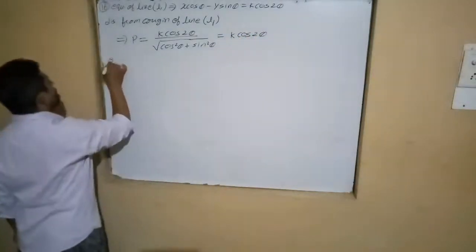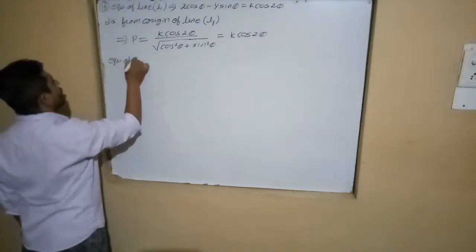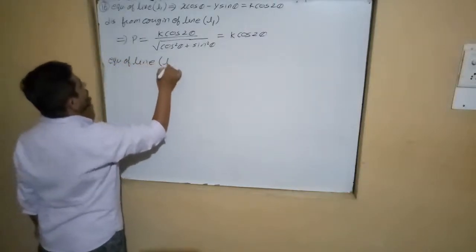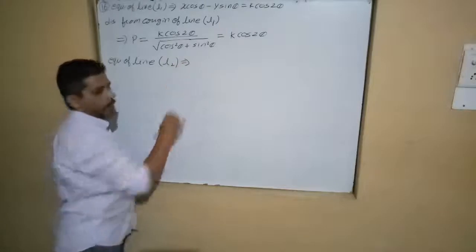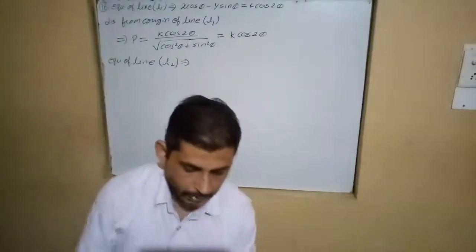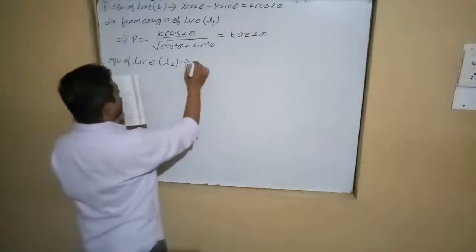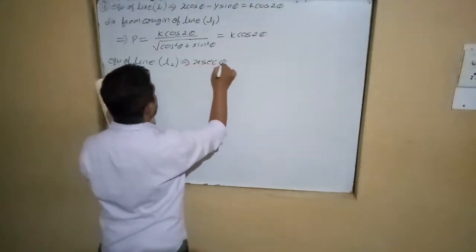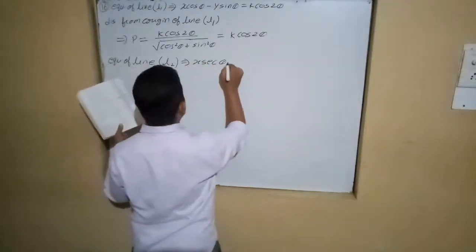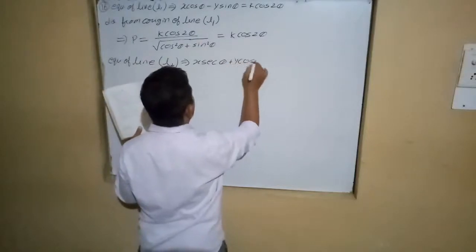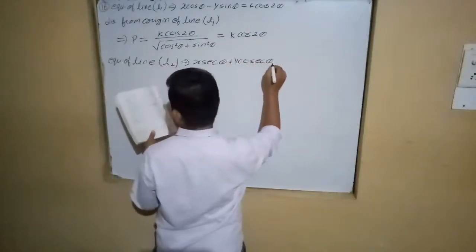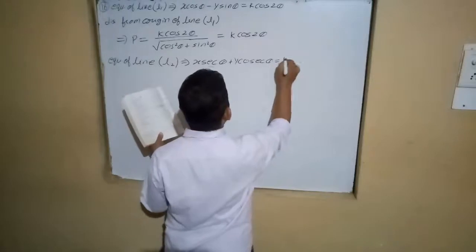Then we write the equation of line L2. What is the equation of line L2? The equation of line L2 is x sec theta plus y cosec theta is equal to k.